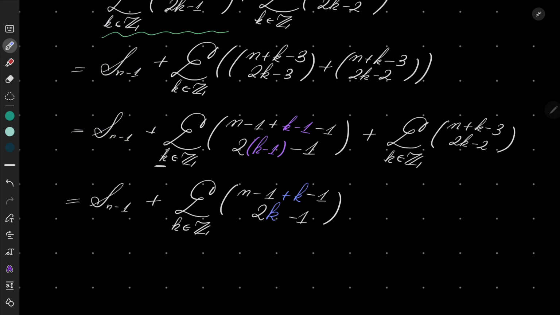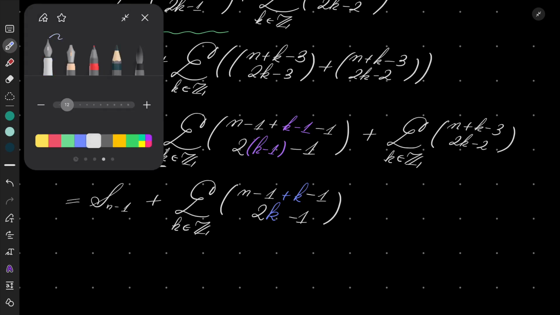So I have just shifted my index of summation by one position, and that is why I suggested to consider our sum over all integers, because we need not worry about going from 1 to n or from 0 to n minus 1 and so on.